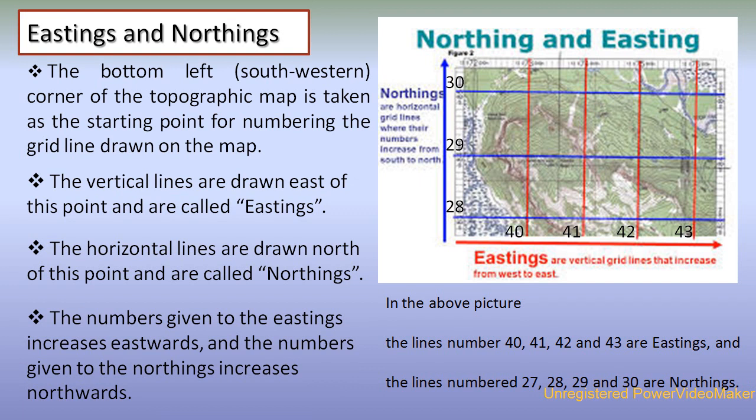The bottom left corner, the southwestern corner, is taken as the starting point of the numbering. Northwards the number increases, that is called northing. Eastwards the number increases, that is called easting. In the above picture, the lines numbered 40, 41, 42, 43 are eastings, and the numbers 28, 29, 30 are northings.